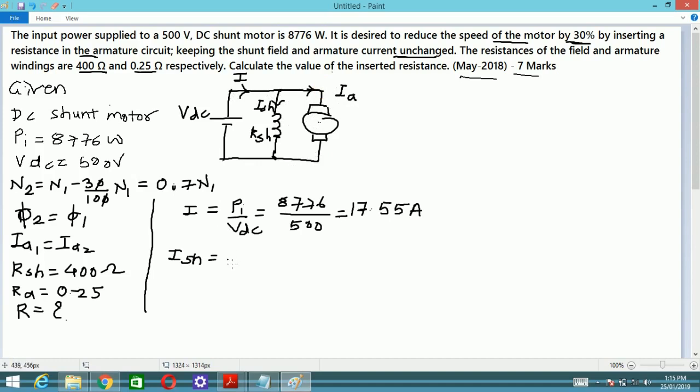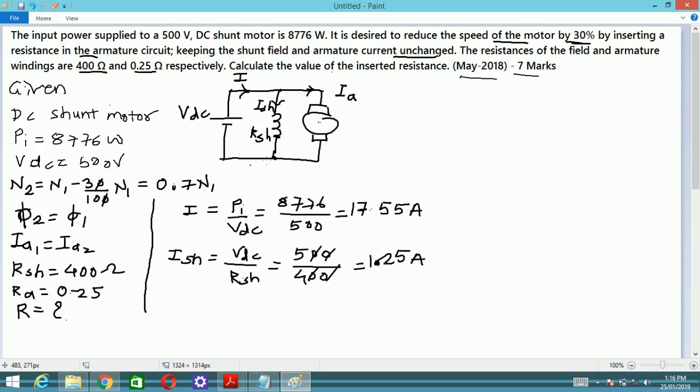So ISH is VDC divided by RSH, simple Ohm's law, I equal to V upon R. This is 500 divided by RSH, which is 400 ohm, and you get 1.25 ampere. That is the current flowing through the shunt field winding.